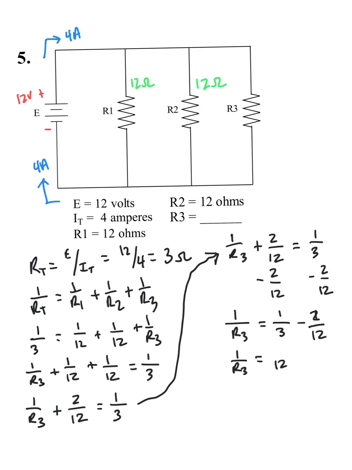So 3 goes into 12 4 times, and 12 goes into 12 once. So this stays the same. And then 1 over R3 is equal to 2/12, or you could say this is actually 1/6. So R3 is equal to 6 ohms when we look at the reciprocal.